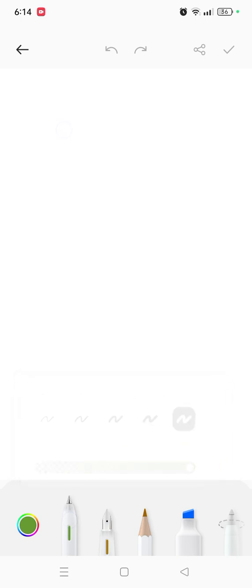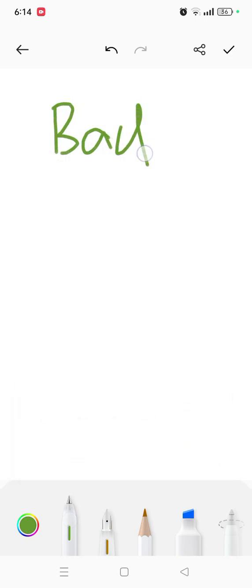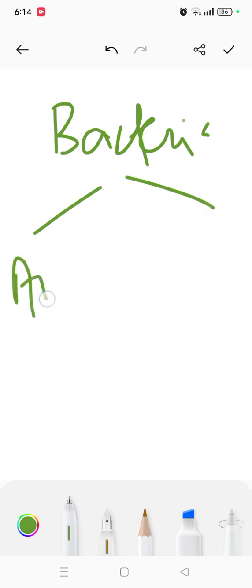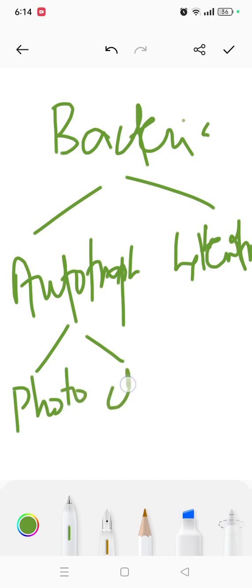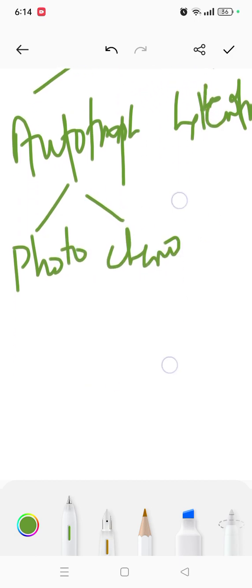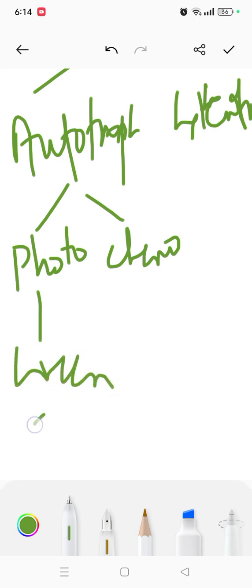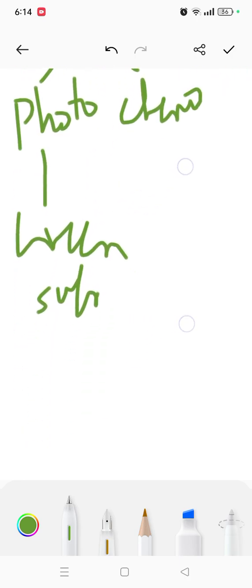Here is bacteria. In this bacteria we have two types, which are autotrophs and heterotrophs. In autotrophs we again have two types, photoautotrophs and chemoautotrophs, with the examples green sulfur and purple sulfur.